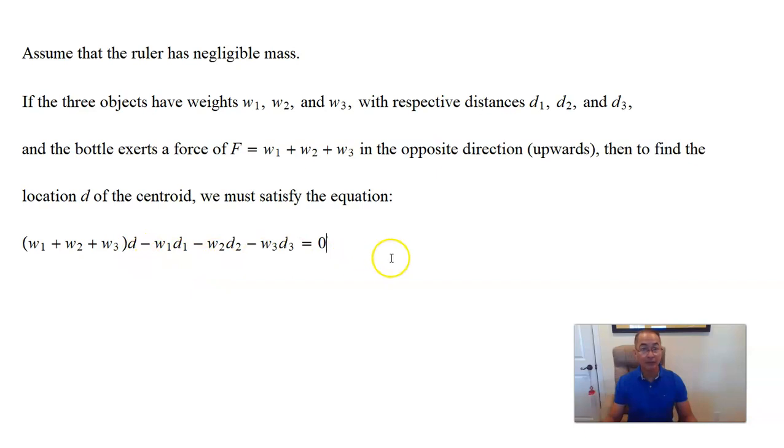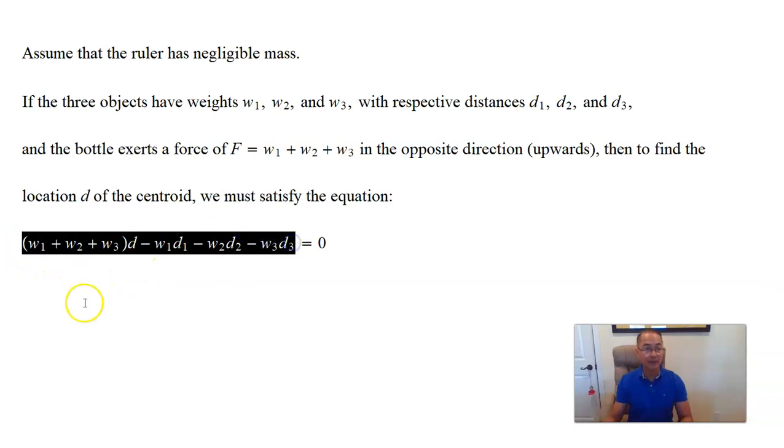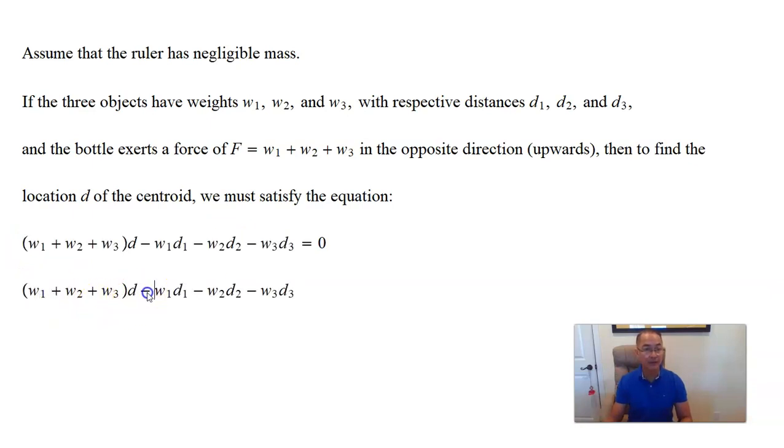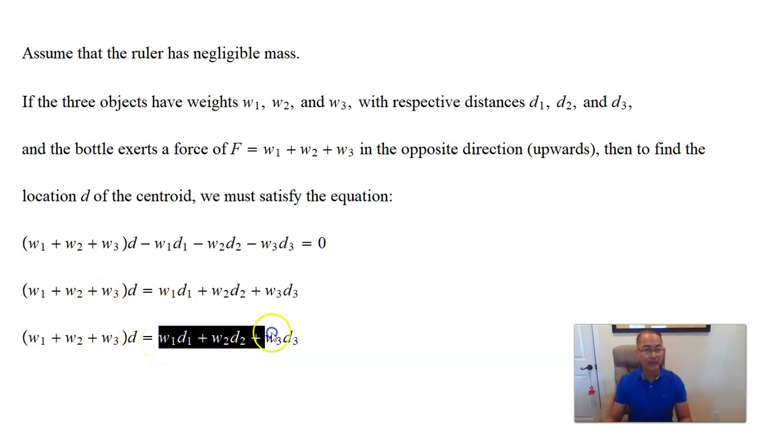We can now solve for D. We can put these three guys on the other side. So let me copy this, and this turns into an equals, and these are pluses instead of minuses. There we go. And of course, to solve for D, we just divide the right side by the total weight. Let me put this into a fraction.